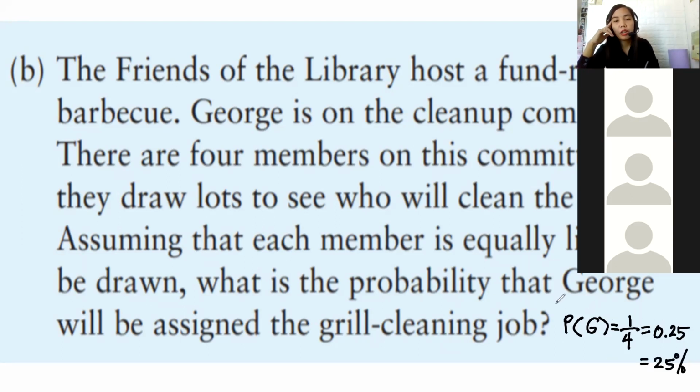That is the probability that George will be assigned the grill cleaning job. 25%. Are we clear, class? Do you have the same answer? Yes, ma'am. Okay, so let's continue.